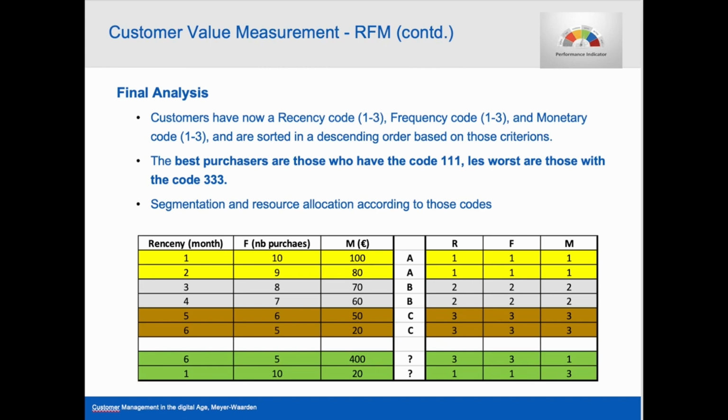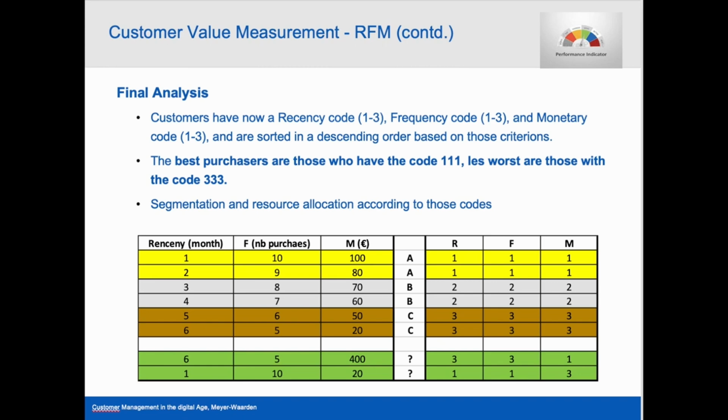And when they buy, they don't buy frequently, and they buy small amounts. Whereas the 111 customers are customers who bought recently, they buy with a high purchase frequency, and when they buy, they buy a higher amount. So you have an easy segmentation model indicating the value of customers and the importance of customers in which you should invest money.